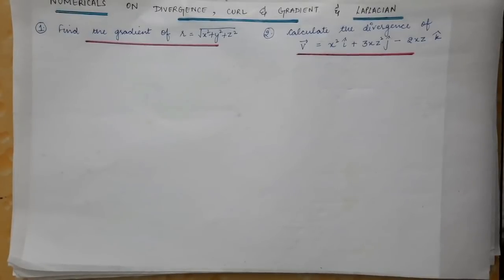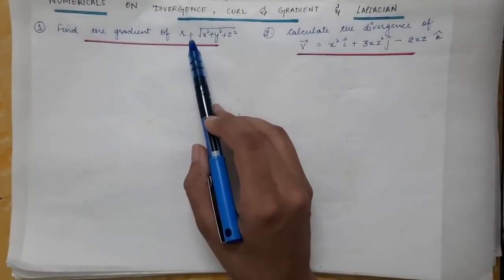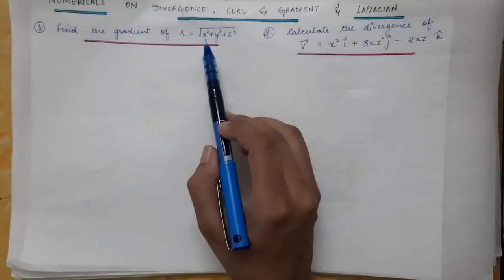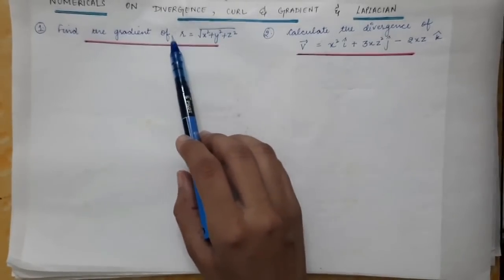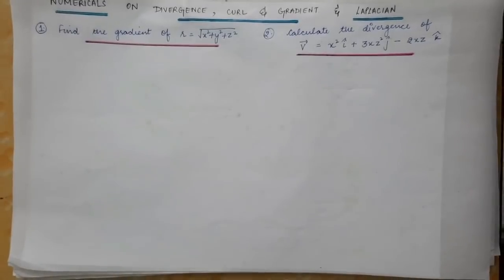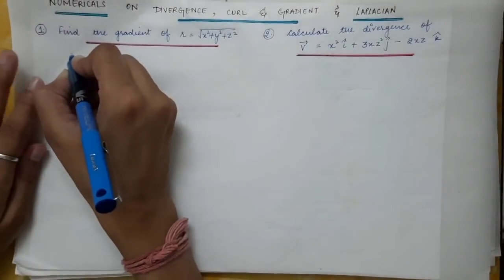The first numerical is on finding the gradient of a scalar function, and the scalar function given in this numerical is small r, which is equal to the square root of x square plus y square plus z square. So this is the form of the scalar function which we are given, and we have to find its gradient. Now what is the formula for the gradient of a scalar function?